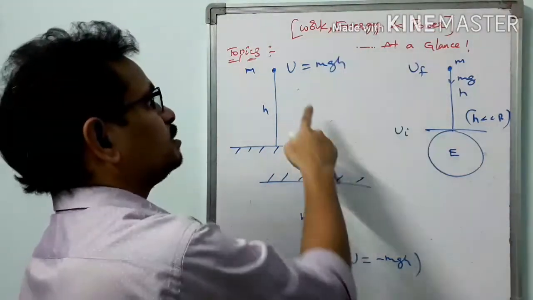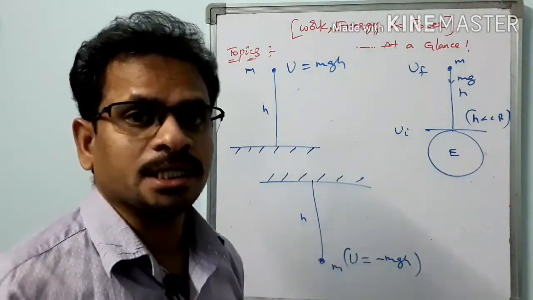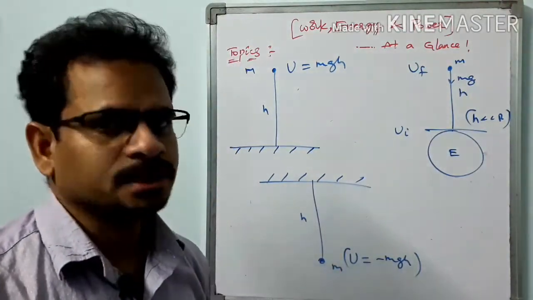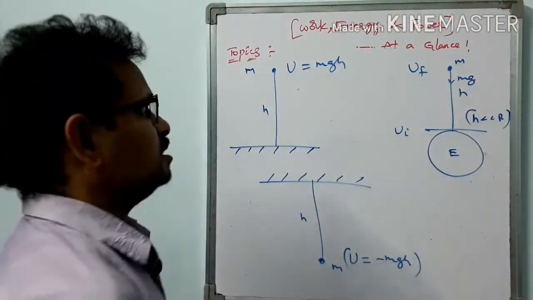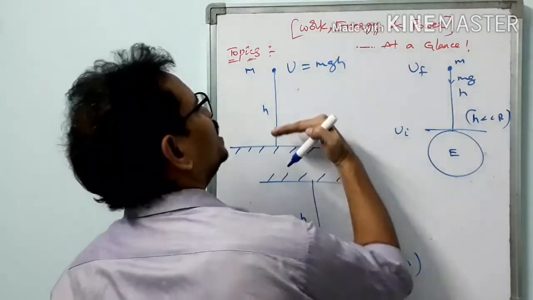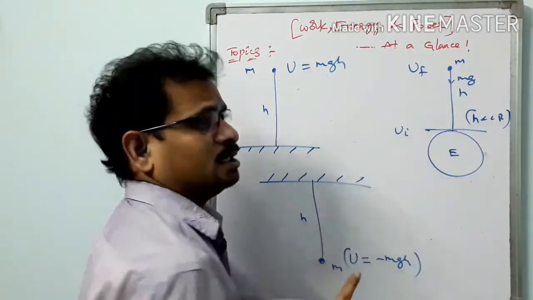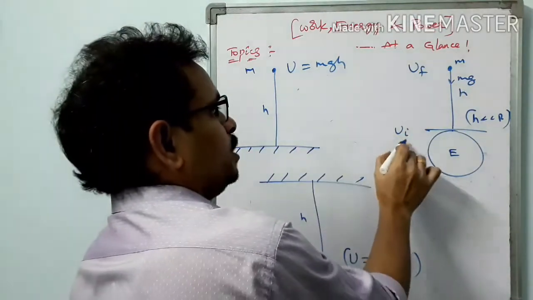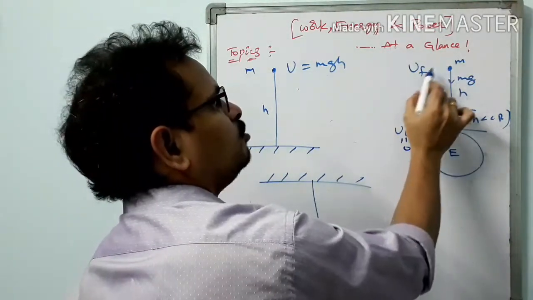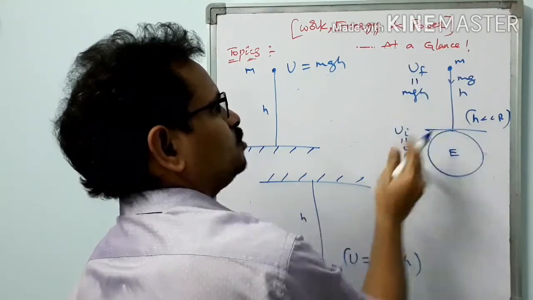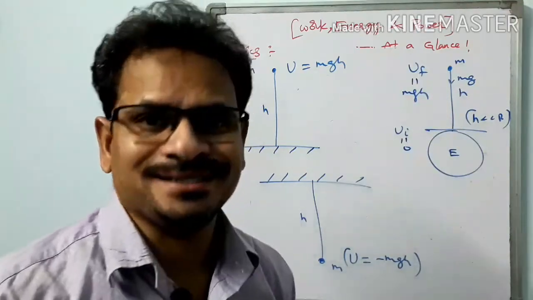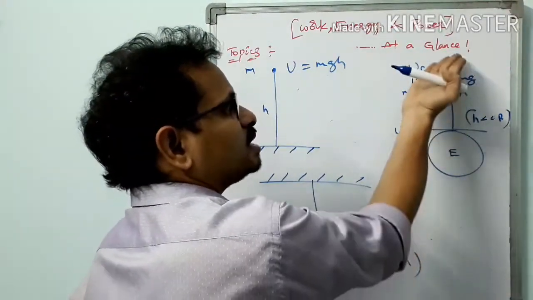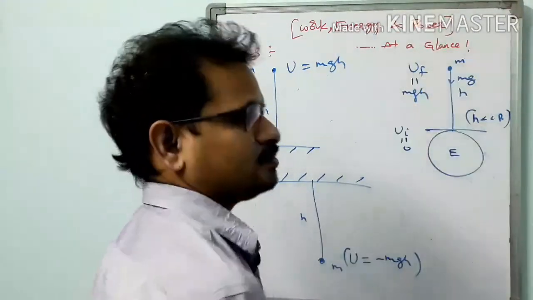Above the reference line, the gravitational potential energy is mgh, and below the reference line, it is minus mgh. Simply, if it is moved against gravitational force, potential energy increases. Here Ui equals 0 and Uf equals mgh. From 0 to mgh, potential energy increases when the object is moved against gravitational force, which is downwards.